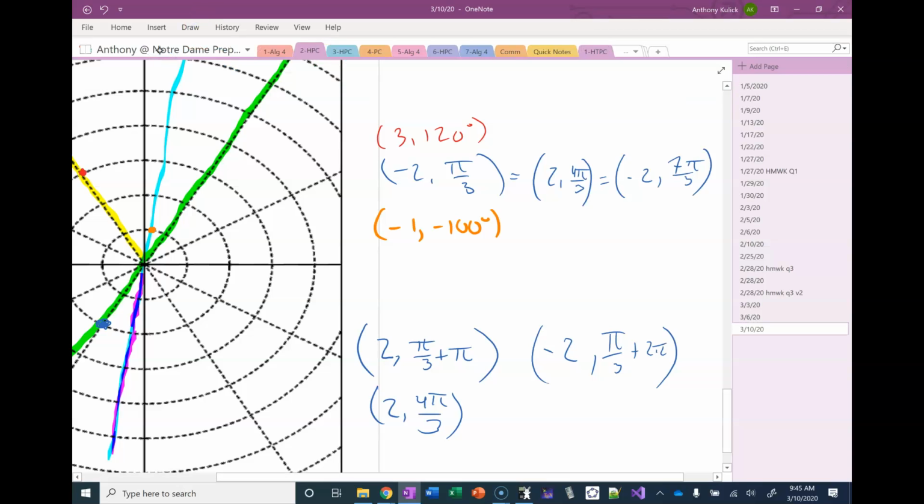Okay, so let's package these observations together into a definition. Okay?